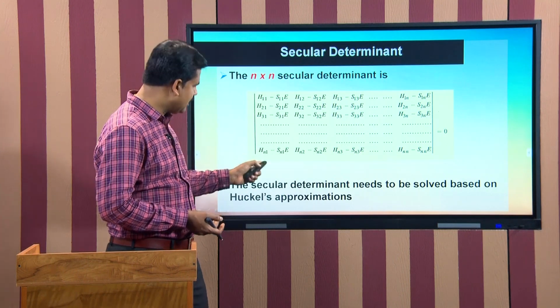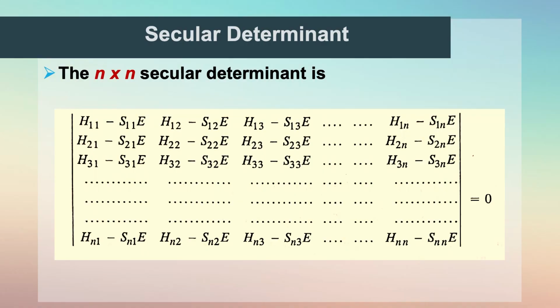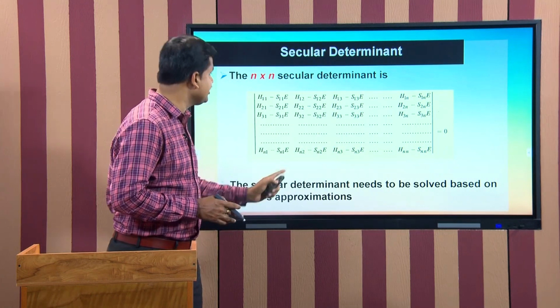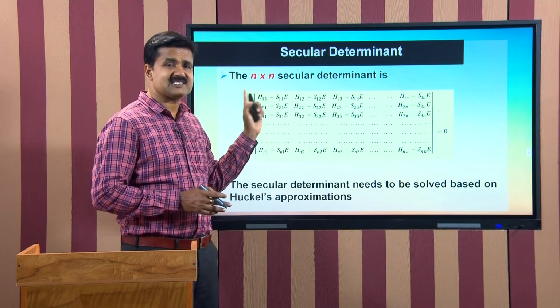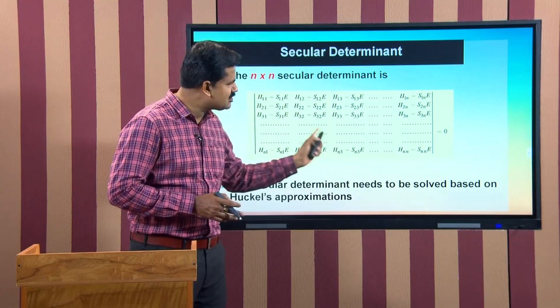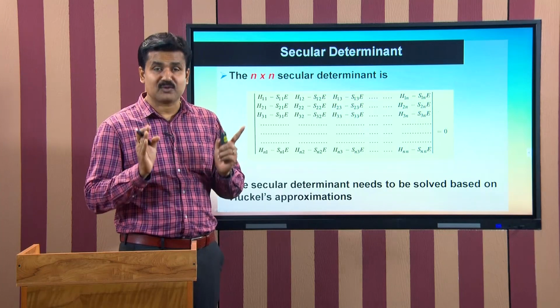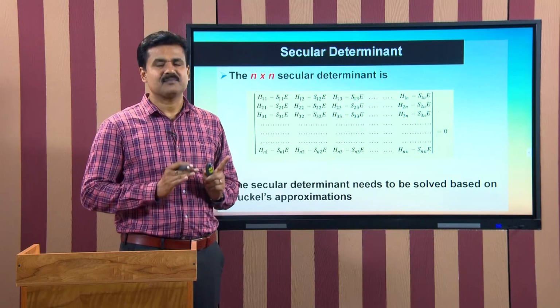Similarly, moving down, the last line is like this: hn1 minus sn1 e, hn2 minus sn2 e, etc., and the final element in the determinant is hnn minus snn e. And it should be noted that we have to give proper substitution of each of these elements based on Huckel's approximations. What are Huckel's approximations?